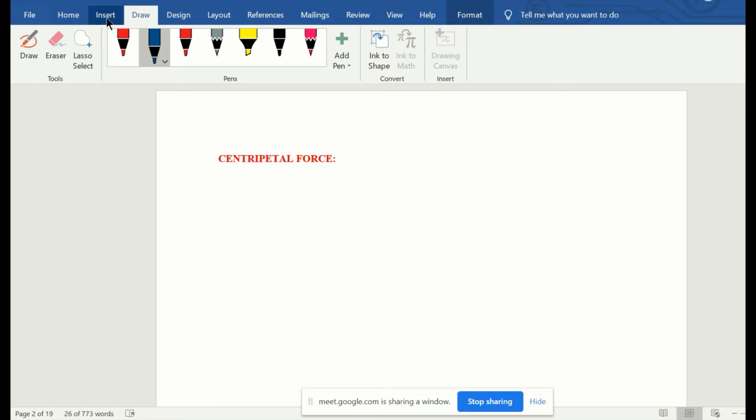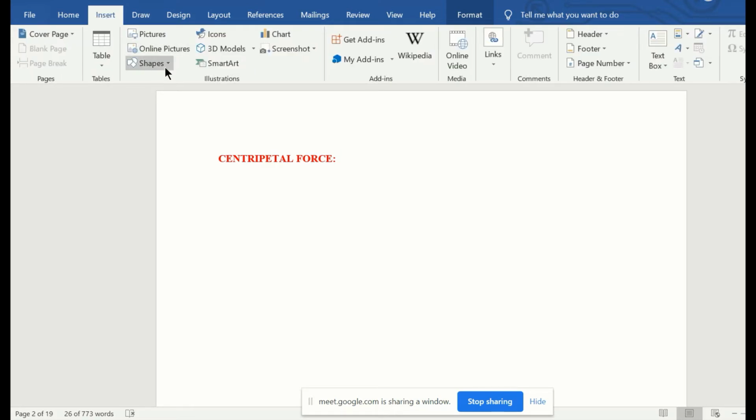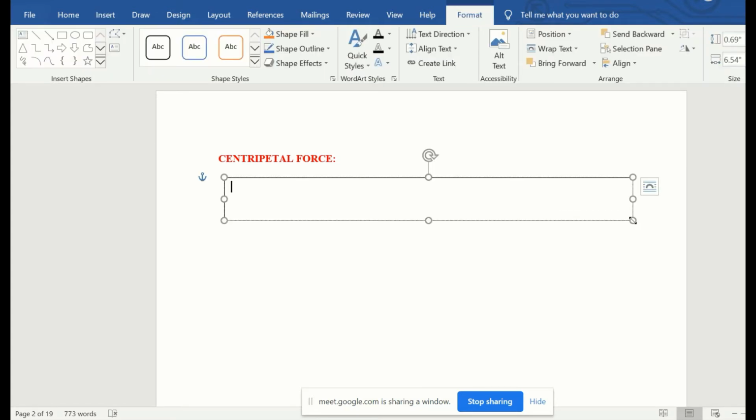Now, we are saying that as an object moves around a circular path, it moves with what? A constant speed. Now, I want us to note that before an object can move, there must be an applied force. The force that causes that object to move is called the centripetal force. I repeat that.